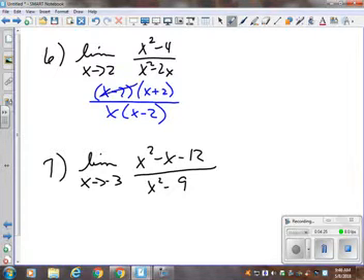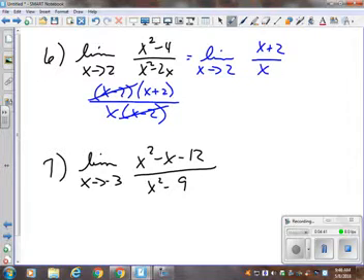So in this part, x minus 2 cancels out. Doesn't that get rid of what I can't plug into? Yeah, it gets rid of that x minus 2 part. So now my function is the limit as x approaches 2 of x plus 2 over x. And I can plug 2 in that, because 2 plus 2 over 2 is 2.